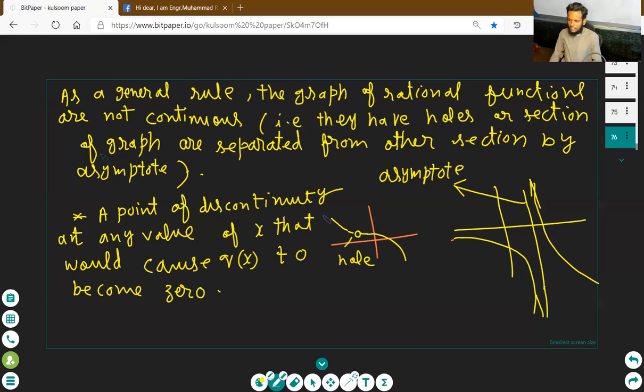Okay, I give you an example. For example, this is the function p of x over 2x plus 3, x minus 3. Can you tell me the point of discontinuity?